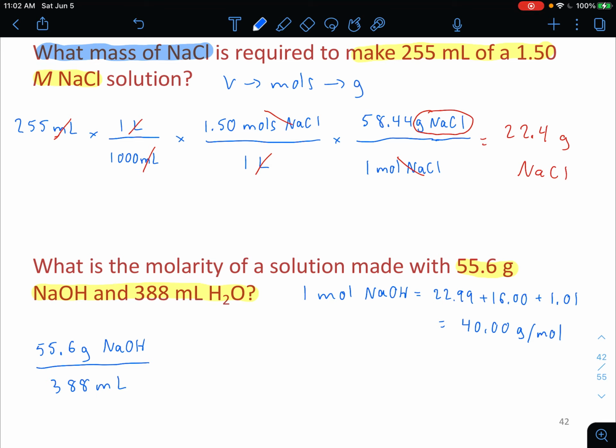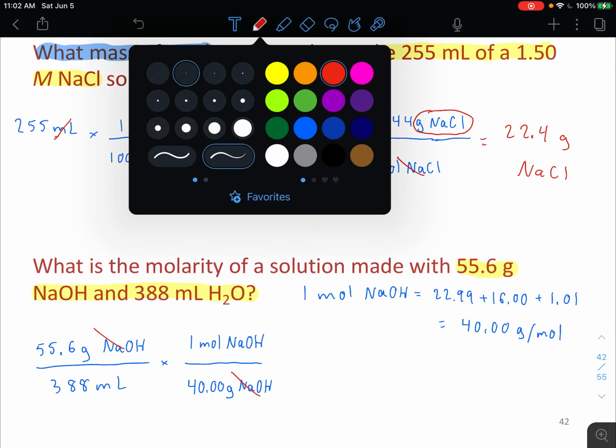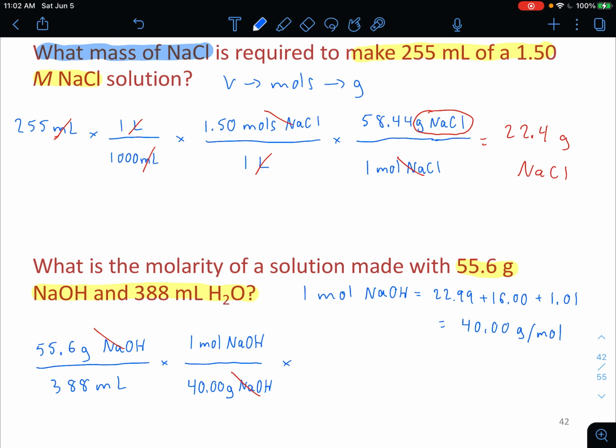So we'll change the grams to moles in the first step. 1 mole sodium hydroxide per 40.00 grams sodium hydroxide. So grams cancel grams, and I'm in moles per milliliter, which isn't quite right. So now 1,000 milliliters per 1 liter.